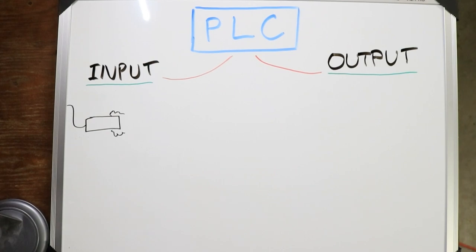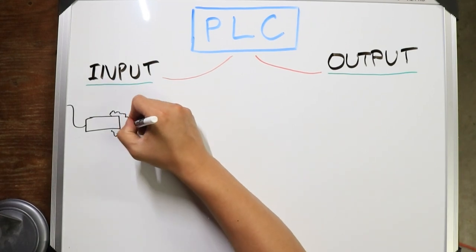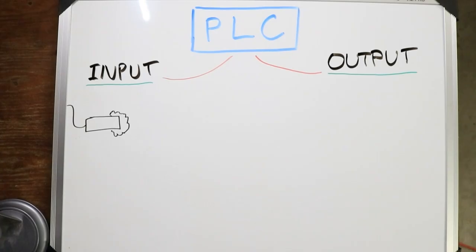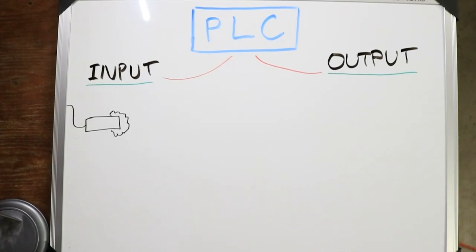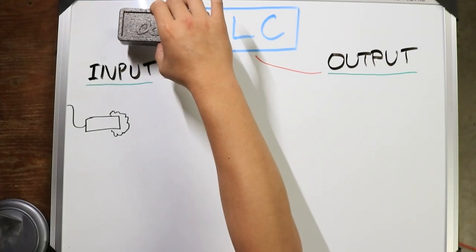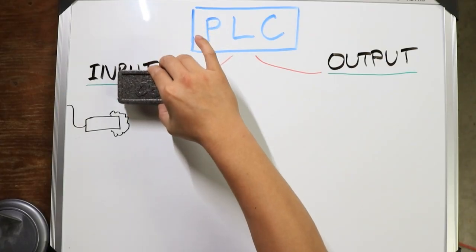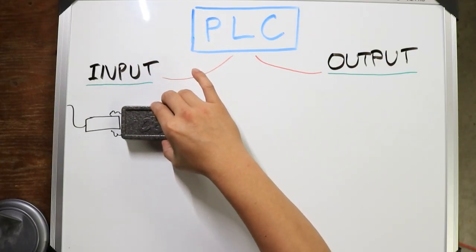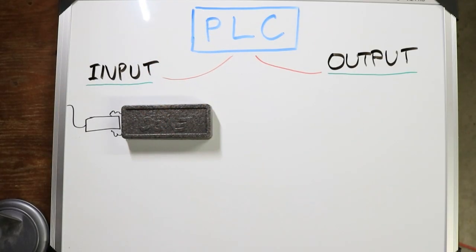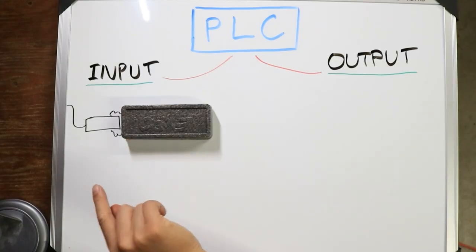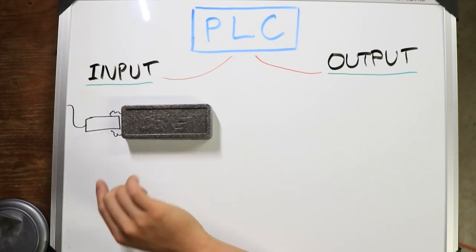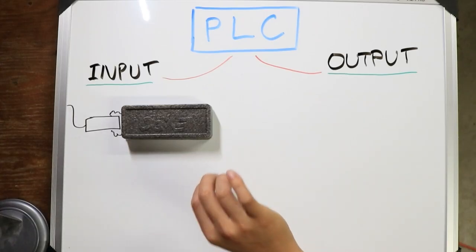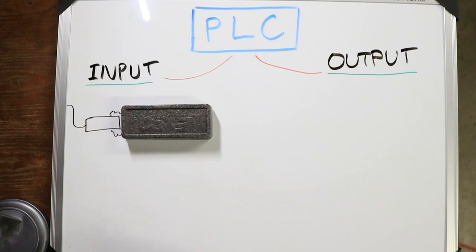So for example, right now it is off, and you want to detect when a pallet gets to that position. So the pallet comes down, it triggers it, and depending on what you program in a PLC for that state change, it will send the output out.